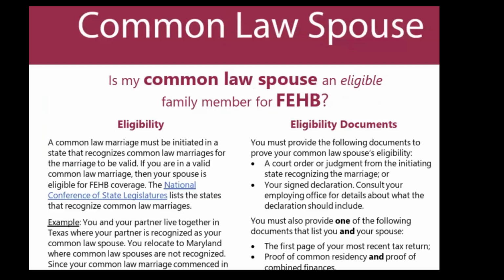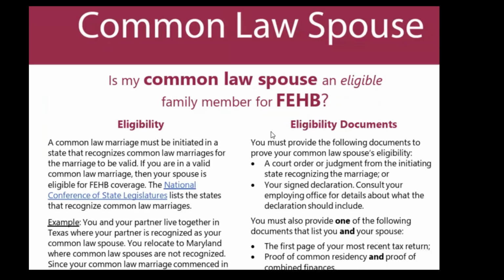One, you have to qualify medically, and you need to figure out the amount that you're going to pay if you are going to name them. Now, if you name them an insurable interest, then they can still participate in the FEHB program, and FEHB will recognize your common law spouse as a spouse if certain things apply.